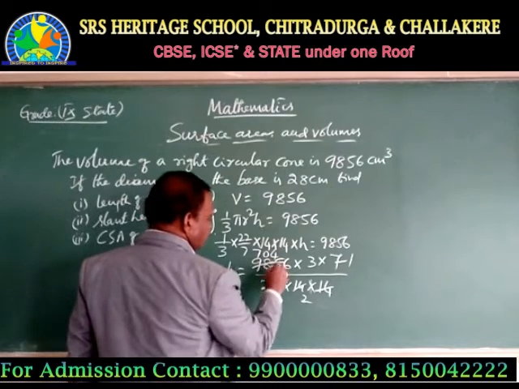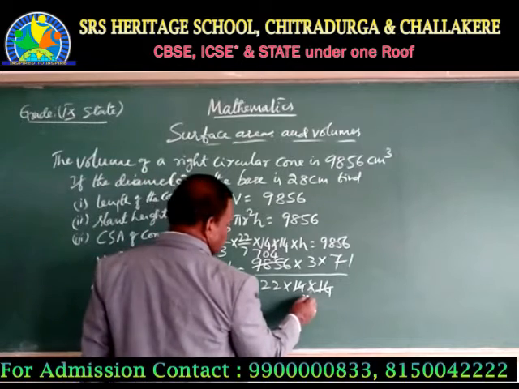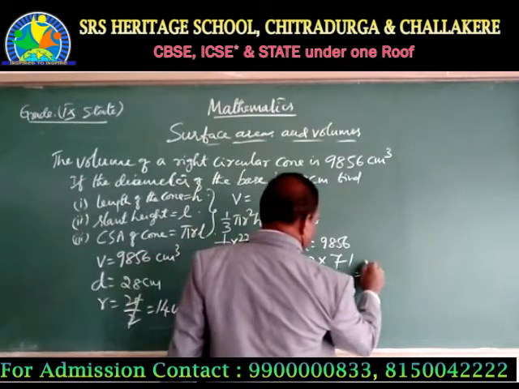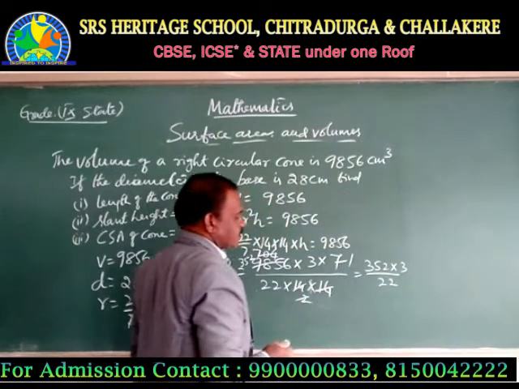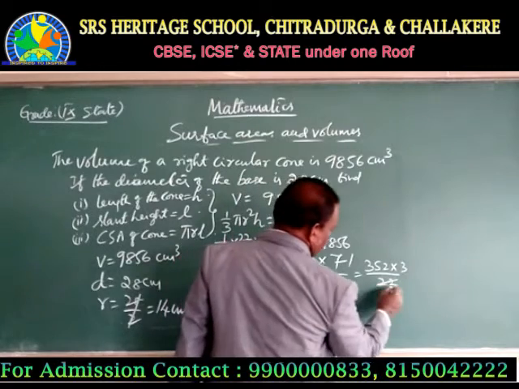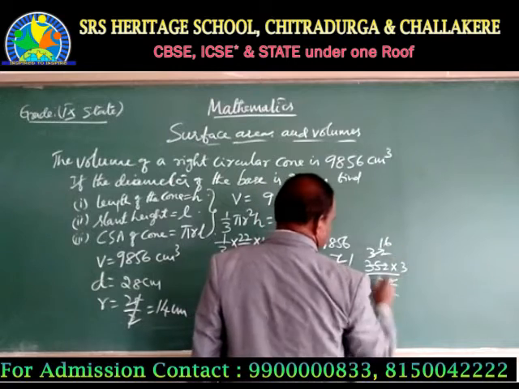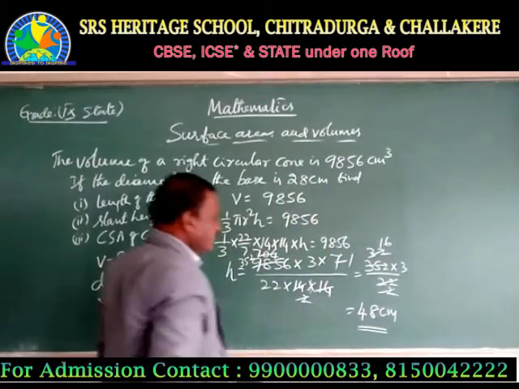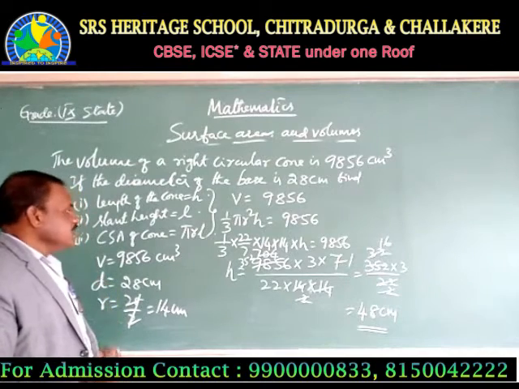Now that is 352 into 3 by 22. 11 twos are 22, 11 threes are 33, 11 twos are 22, 2 16s are 32. So 16 threes are 48 centimeter. This is the height of the cone, not cylinder. It is the height of the cone.